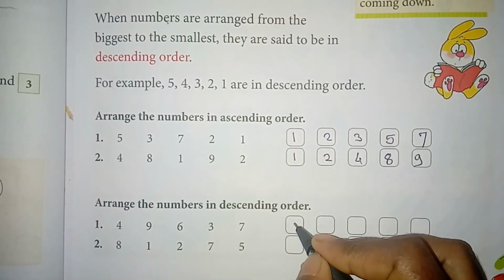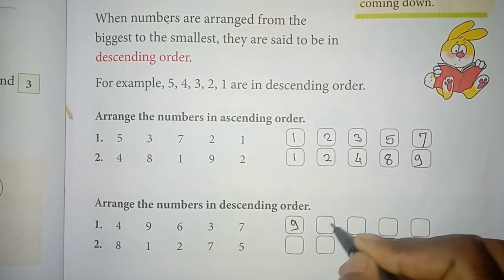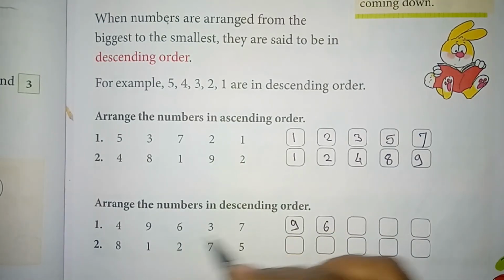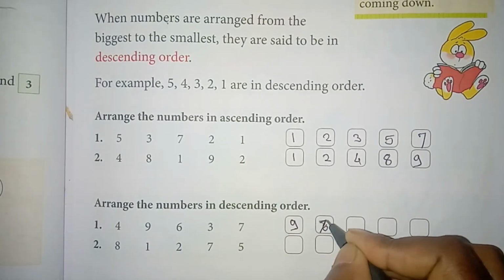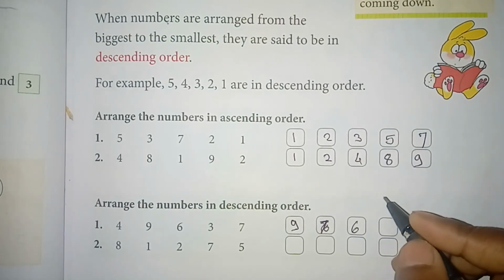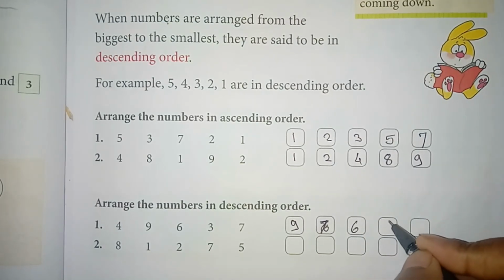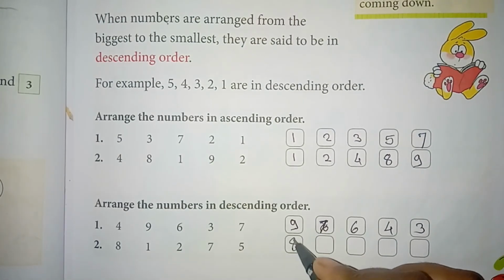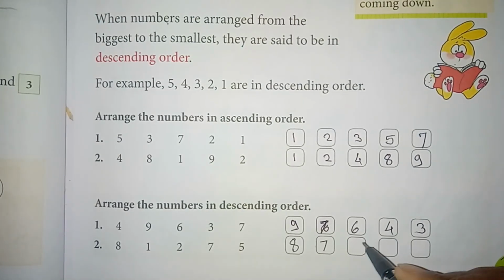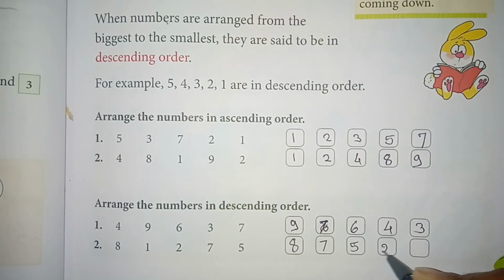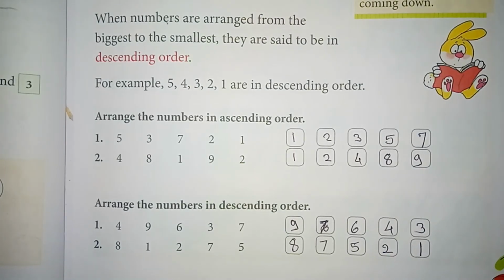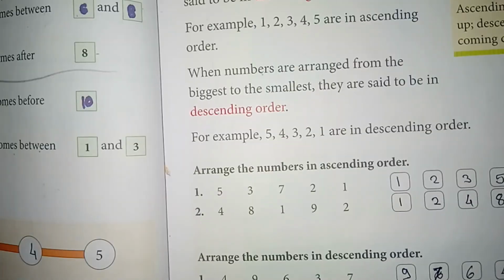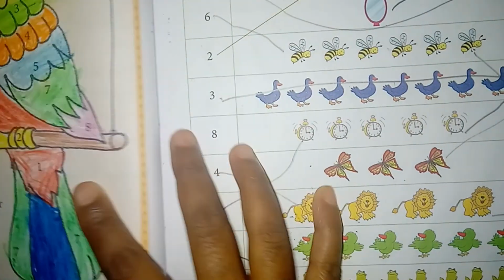First we will take the big one. 9, 7, 6, 4, 3. Yes. 8, 7, 5, 2, 1. Understood, dear students? Now here we have finished our lesson.